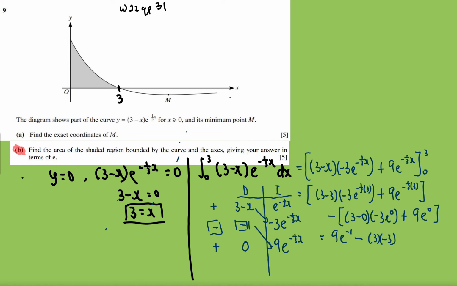Minus plus is minus 9, e to the power of 0 is 1, so 9 times 1 is 9. So I'm going to have 9e to the power of negative 1, minus negative 3 which is positive 3, plus 9... so 9 minus 9, so I can write my final answer as 9 over e. Because e to the power of negative 1, we can write it as a fraction. So the final answer for this question is 9 over e.